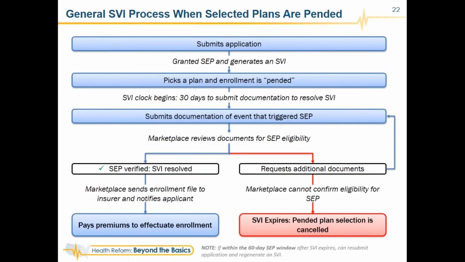If the SVI is resolved, terrific. The marketplace sends enrollment to the issuer and notifies the applicant that the SVI is resolved, and the person pays their premium. If insufficient documentation is sent, the marketplace will request additional documents. If ultimately the marketplace can't verify eligibility for the SEP, the pended plan is canceled.